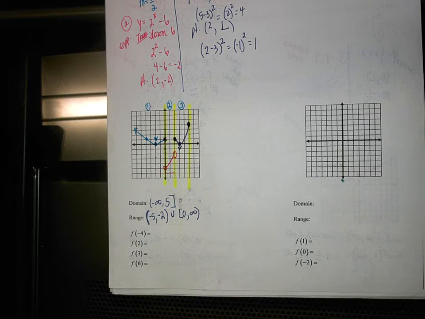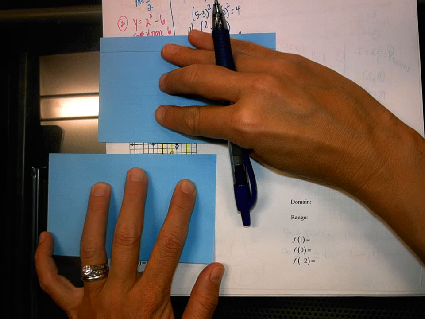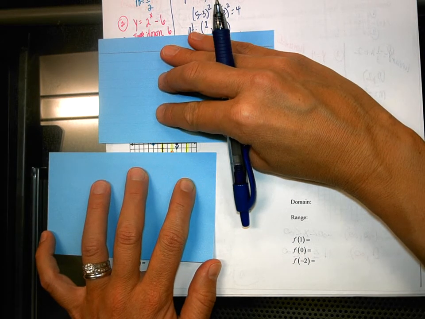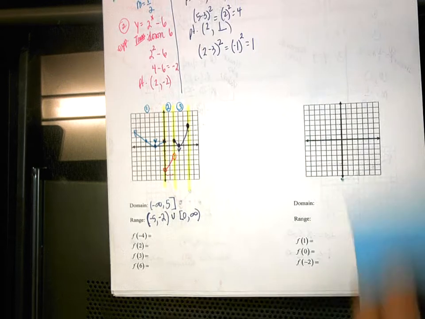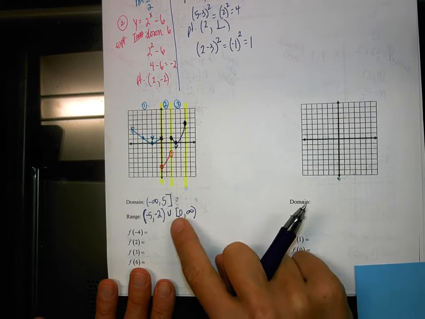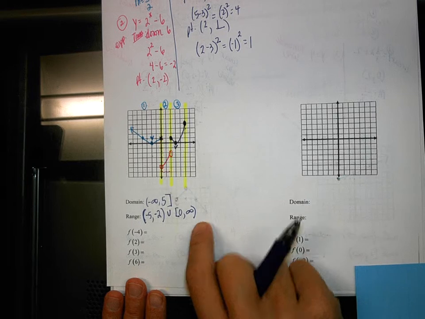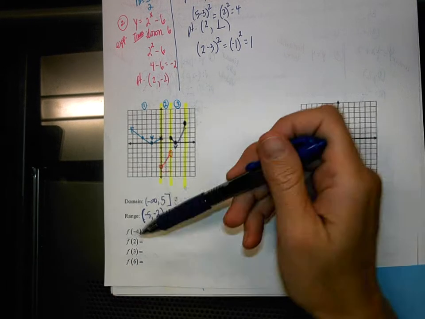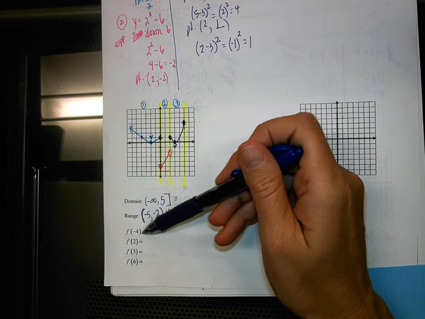But do you see how there's nothing going on between -2 and 0? There's no line there. So that's why there's nothing there. So it's like you have this part of the graph for the range, and then there's a break, and then it starts back up here. Okay? Is that clear?